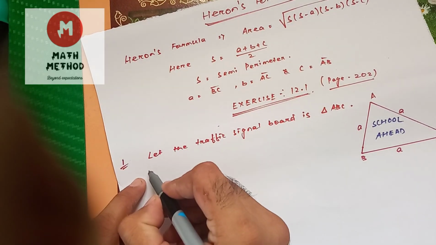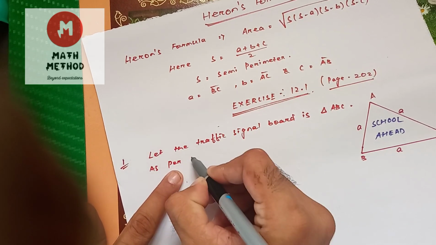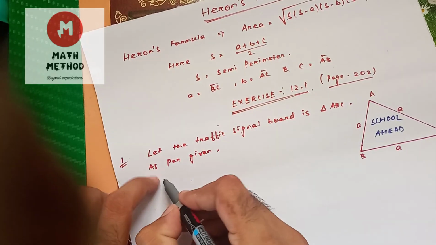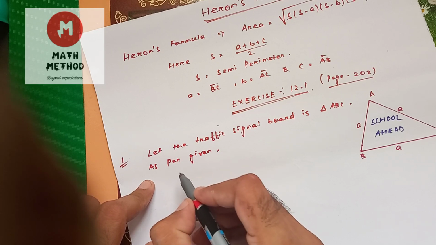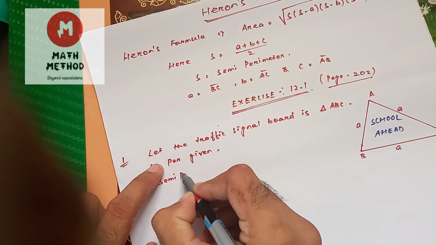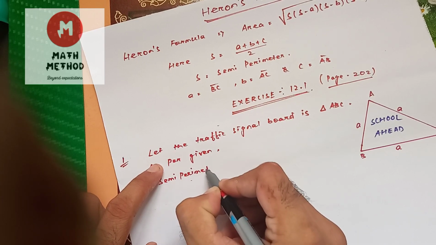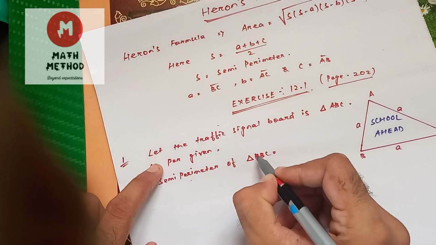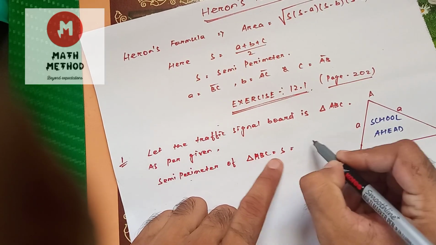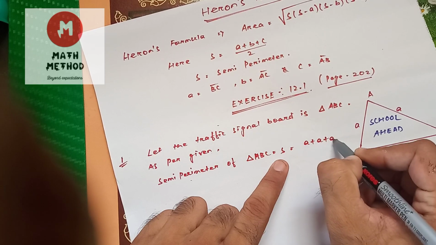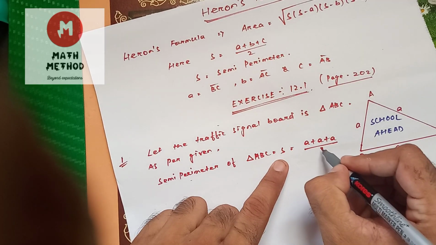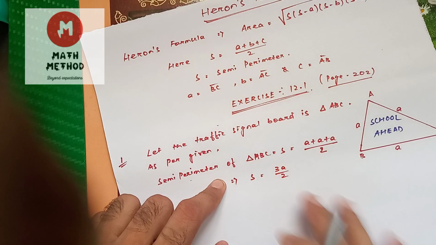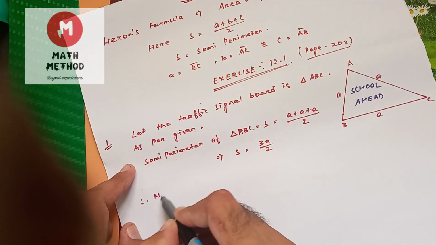Now as per given, the semi perimeter of triangle ABC is s is equal to a plus a plus a by 2, which implies s is equal to 3a by 2. Clear?